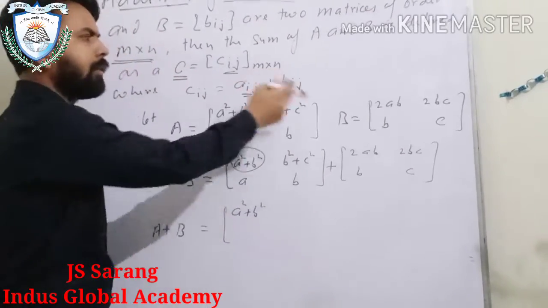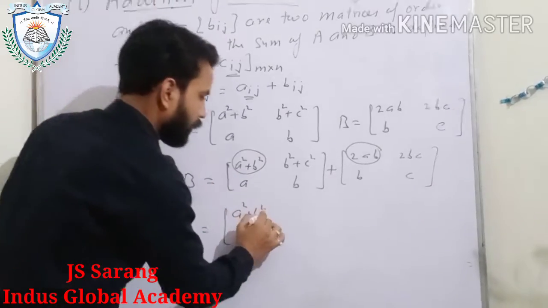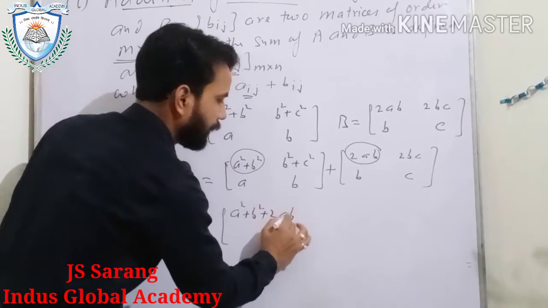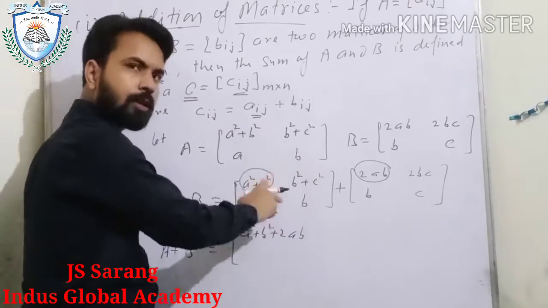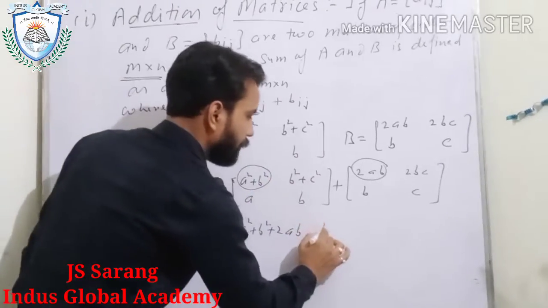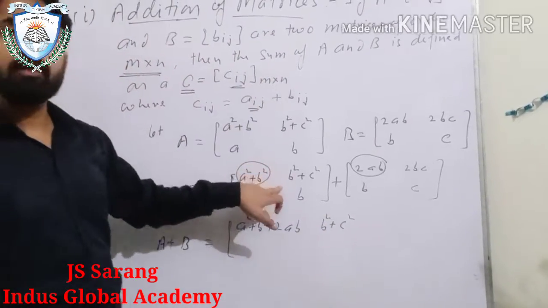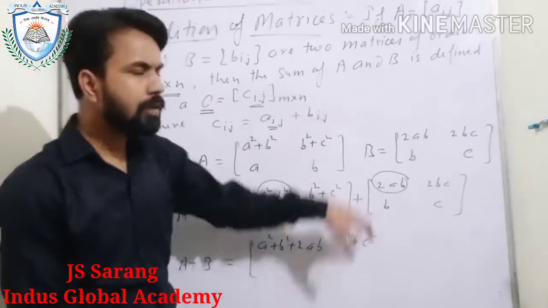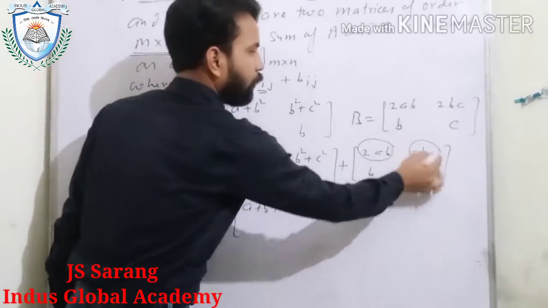It will be added to the first element of the second matrix, that is 2AB. So plus 2AB. Now the second element of the first row of the first bracket, that is B square plus C square, will be added to the second element of the first row of the second bracket, that is 2BC.